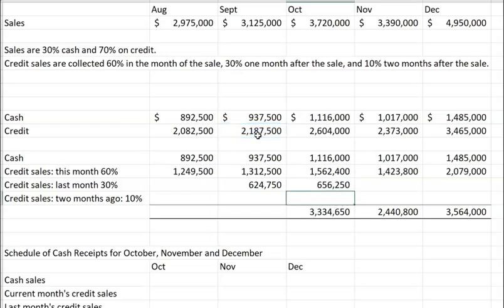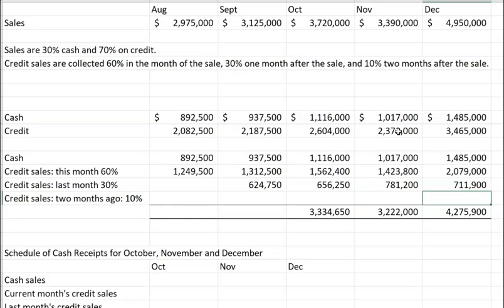Okay. And I'm saying 30% of the credit sales, I don't know if I said that correctly. So then in November, we'll collect 30% of October sales. And then same for December. November sales times 30%. Okay.